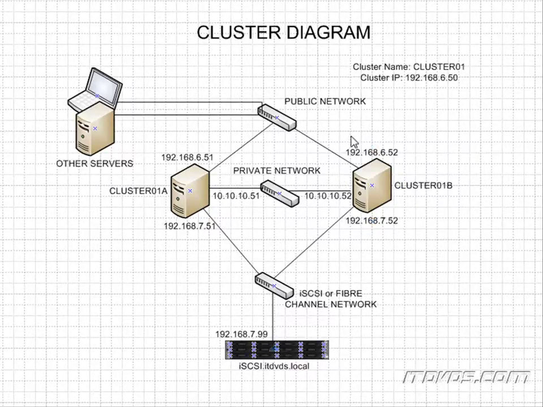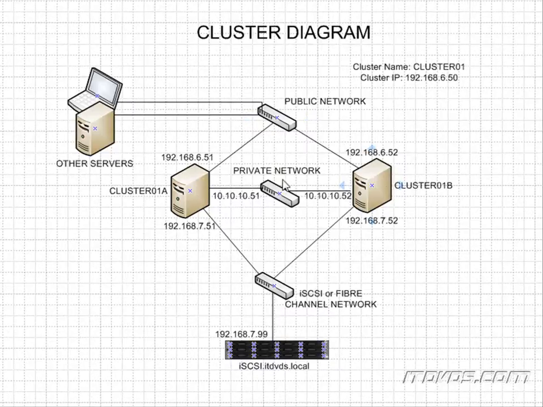So now let's talk about each network. The first network is the public network, and this is the network that our other servers or our clients are going to use to access the cluster. So in the example of a file server, the user is going to go to \\cluster01\ and then a share name. And that is going to be accessed via the public network and will be automatically routed to whichever node is active.